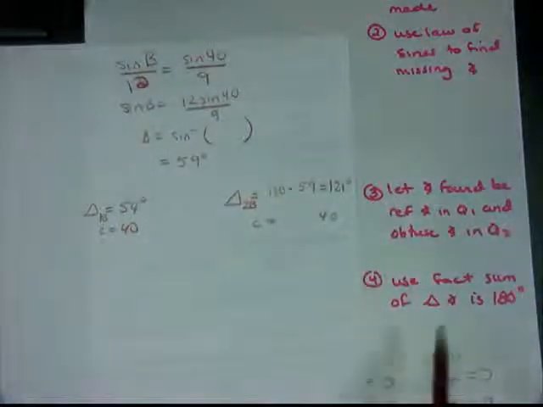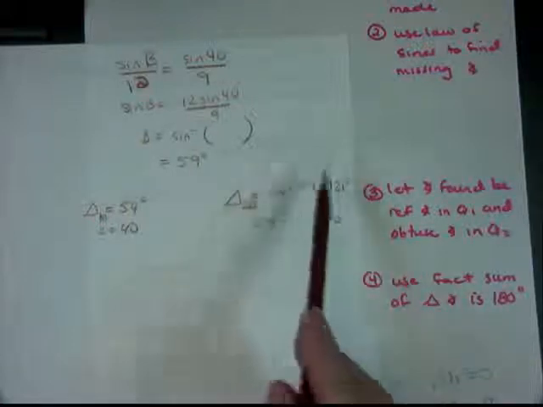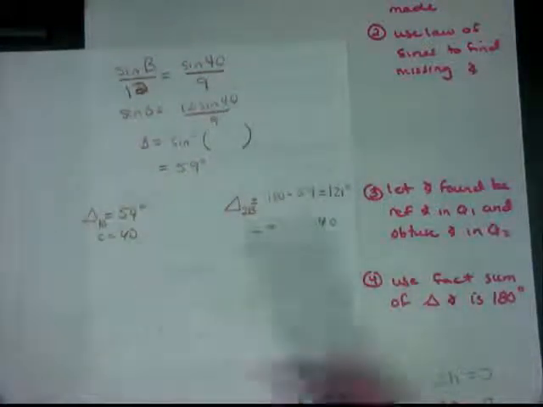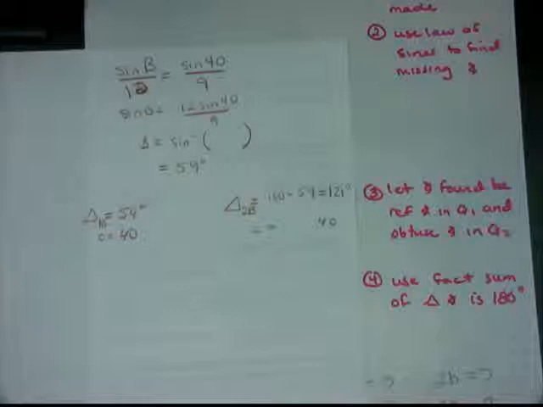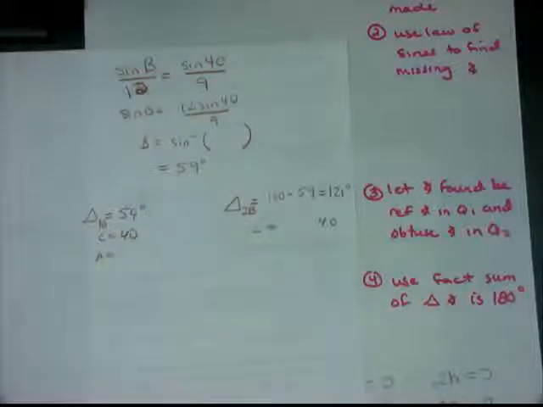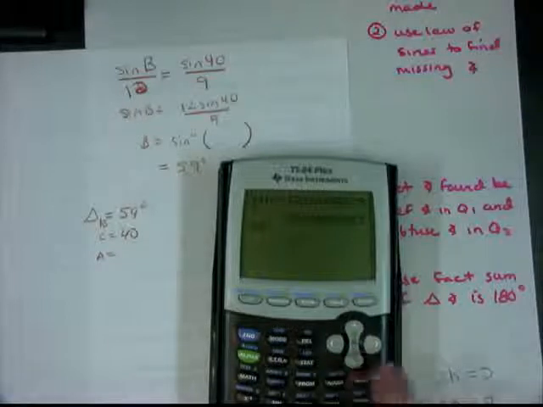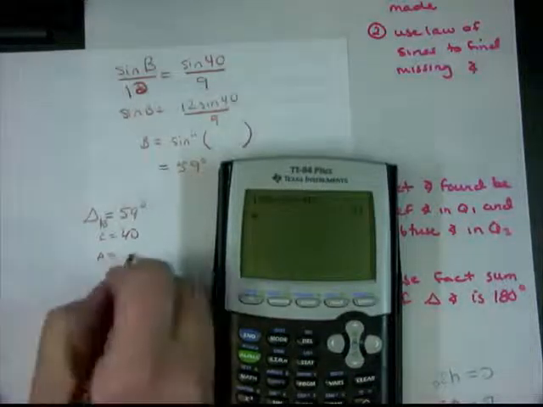Now we're going to use the fact that the sum of the angles of a triangle is 180 degrees. If I can add these up to 180, then I get two triangles. If I can't add them up, then I don't get two triangles. It's that simple. They either add up to 180 or they don't. So if B is 59 and C is 40, that means A is 180 minus those, which is 81 degrees.